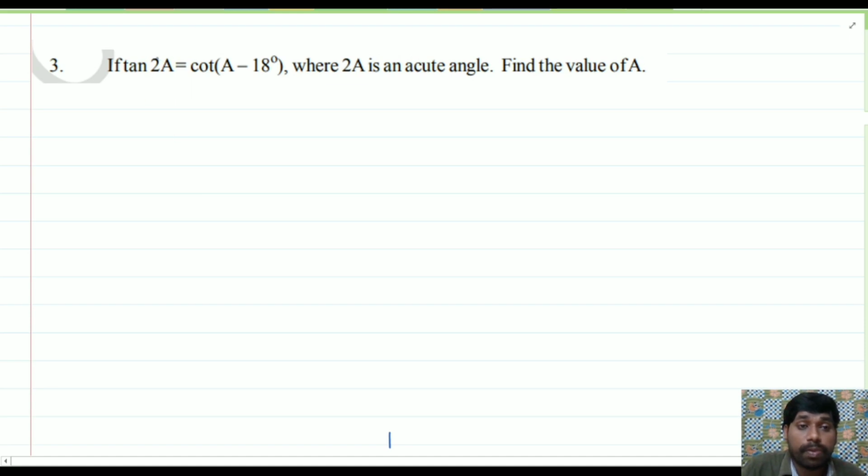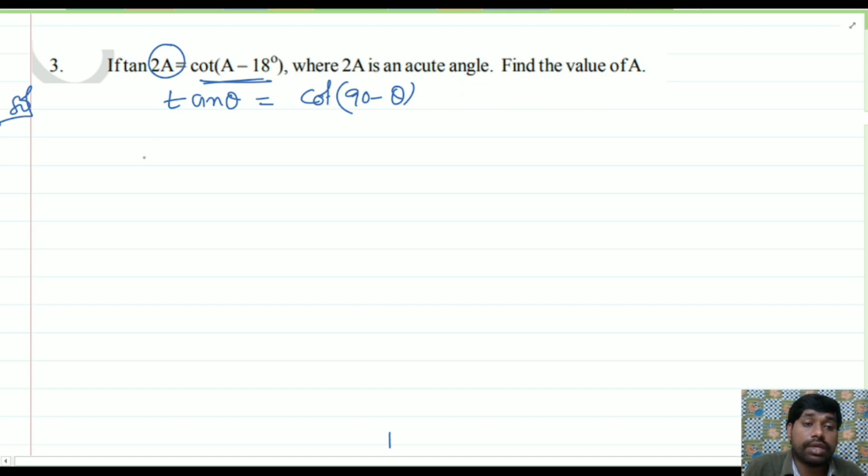My dear students, let us see one more question. Tan 2a and cot a minus 18 are equal, where 2a is an acute angle; find the value of a. Before solving, tan theta can be written as cot 90 minus theta.